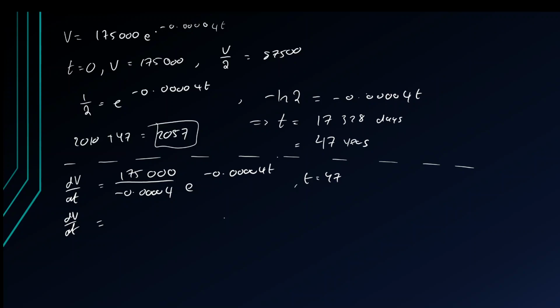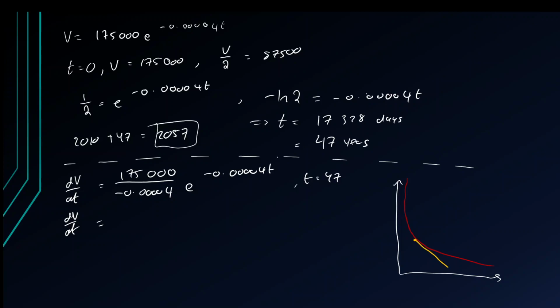As you can probably tell by the curve formed by this, the derivative is always going to be less than 0 because the volume is always decreasing. This would be the curve. It's like a typical half-life curve if you've seen any of them. At any point here, the rate of change of the volume is going to be decreasing.